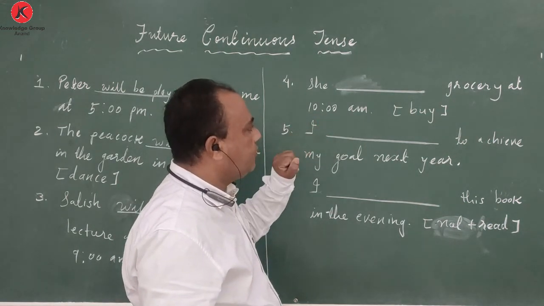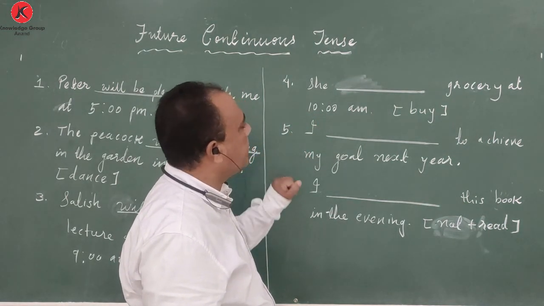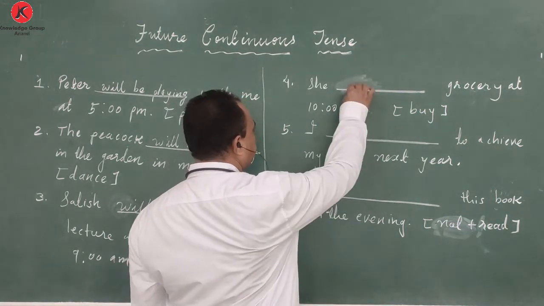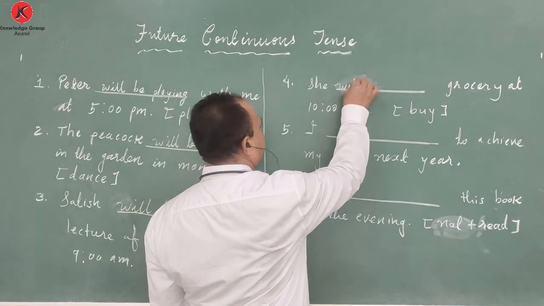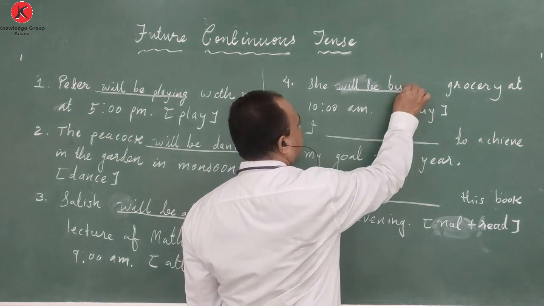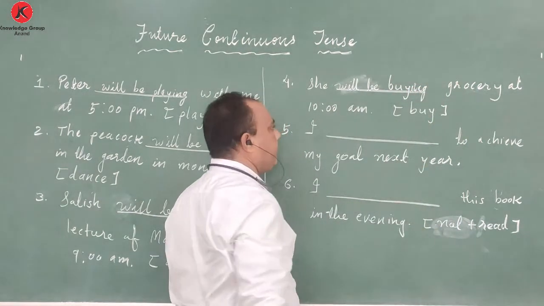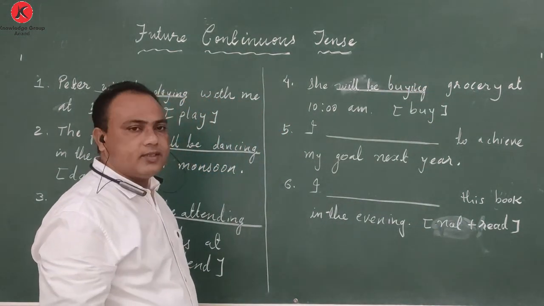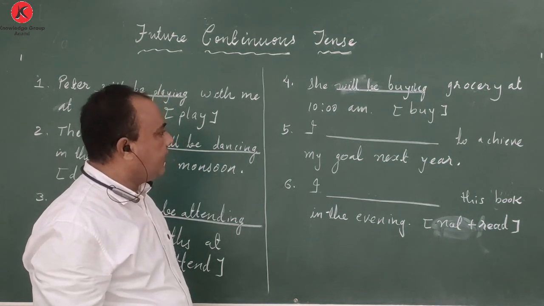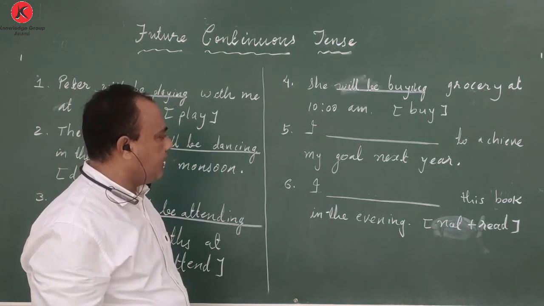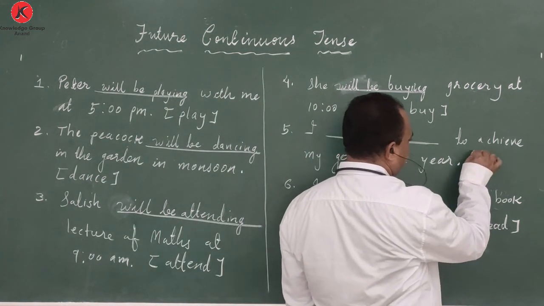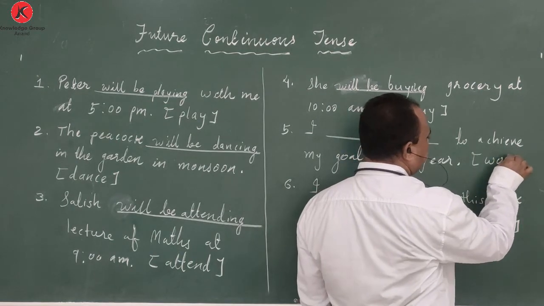She dash grocery at 10 a.m. She is the third person, so here we will use will, and here be, and buying. She will be buying grocery at 10 a.m. Next one is I dash to achieve my goal next year. Here the bracket is not given, so I am writing it here.